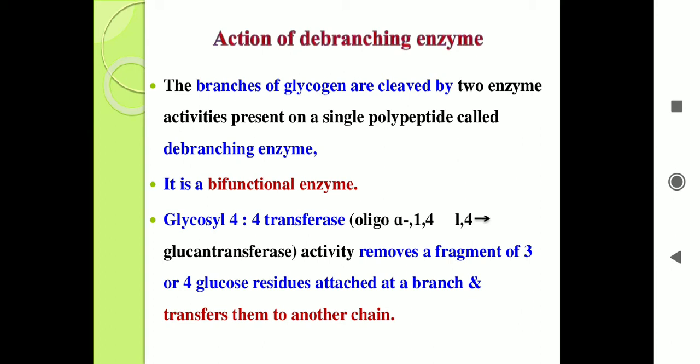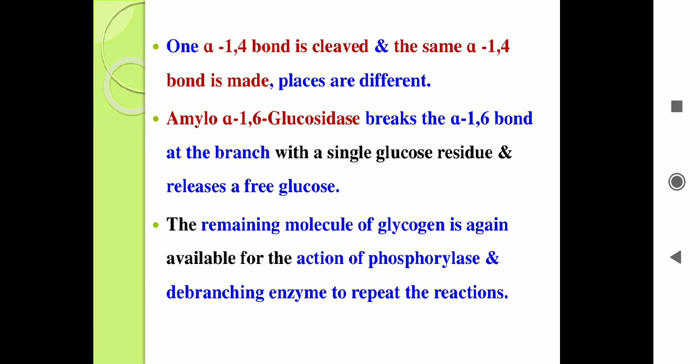Okay, so this enzyme is used for transfer. So the transferase enzyme transfers the 3 or 4 glucose residues to another chain. The transferase enzyme has two functions: it can debranch or it can transfer. So that's why it is also called a bifunctional enzyme. Okay, so one alpha 1,4 bond is cleaved and the same alpha 1,4 bond is made, but the places are different.